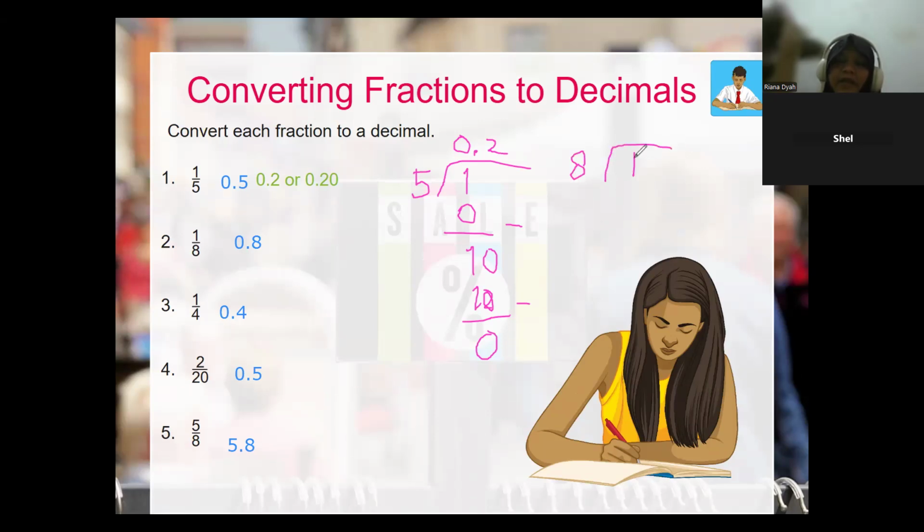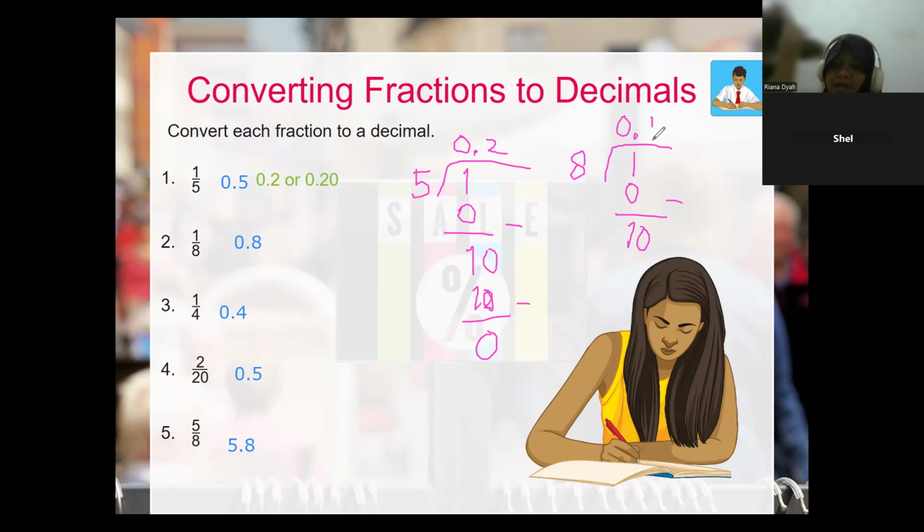1 divided by 8 cannot, right? So we put 0 here and 0 here. 1 minus 0 is also 1. Then we put an additional 0 and a decimal point. Now 10 divided by 8, what is the closest result?